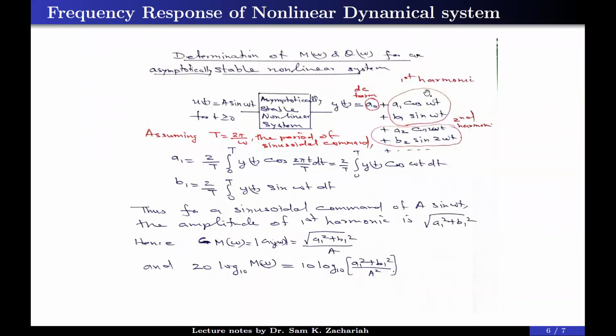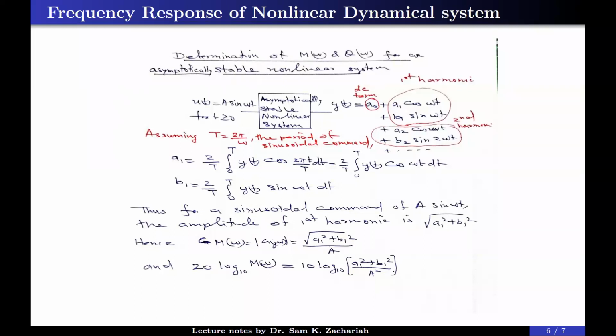Another is the component due to the first harmonic, having the same frequency omega: A1 cos omega t plus B1 sine omega t. This B1 sine omega t is in phase with A sine omega t, whereas A1 cos omega t is in quadrature with A sine omega t. Then going to the second harmonic, A2 cos 2 omega t and B2 sine 2 omega t, the second harmonic comes.